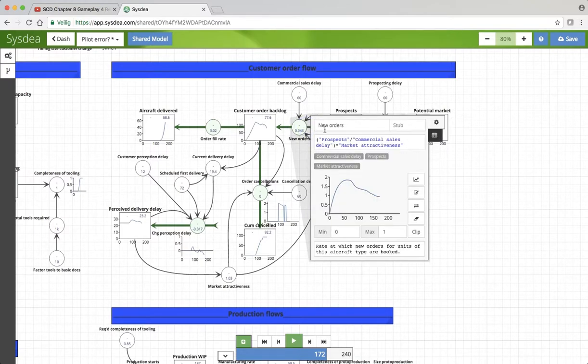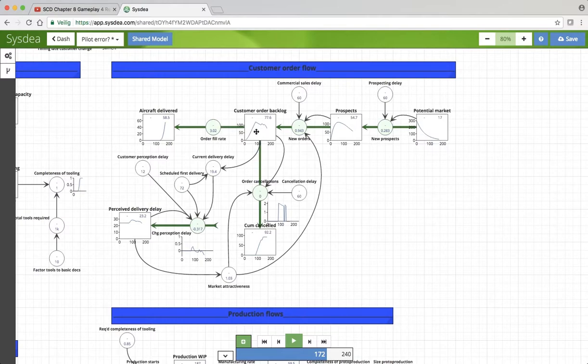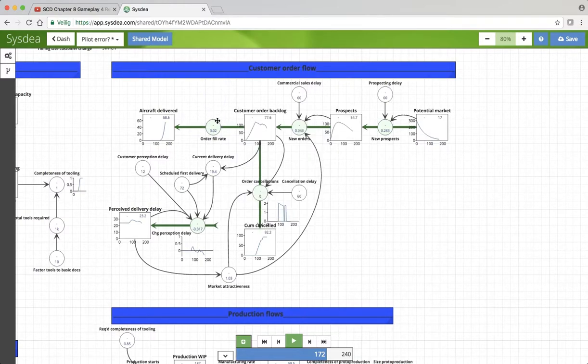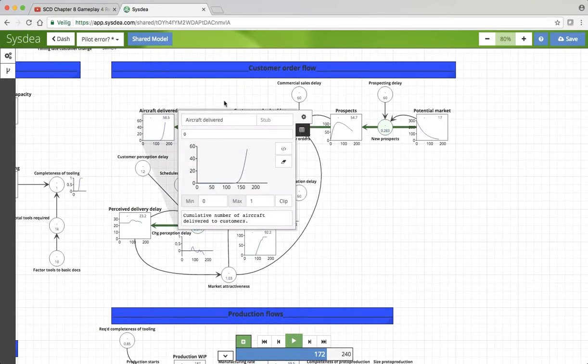Those new orders are again a first order material delay as a function of commercial sales times market attractiveness, but we'll get to that in a minute. And the customer order backlog is depleted by an order fill rate, which is equal to the manufacturing rate that we saw earlier on. And that leads to accumulation of aircraft delivered.